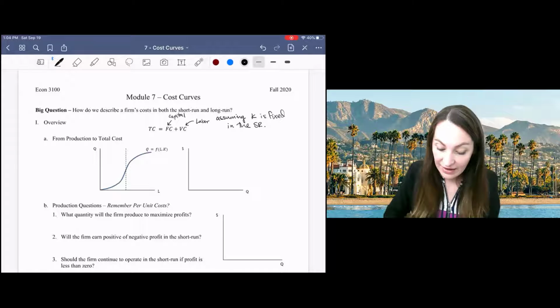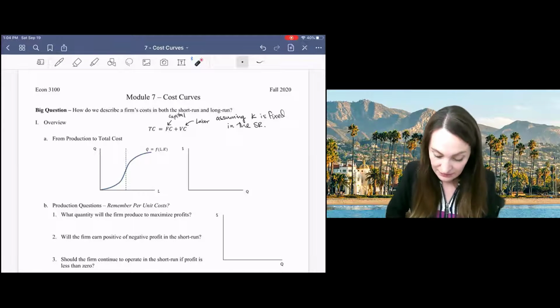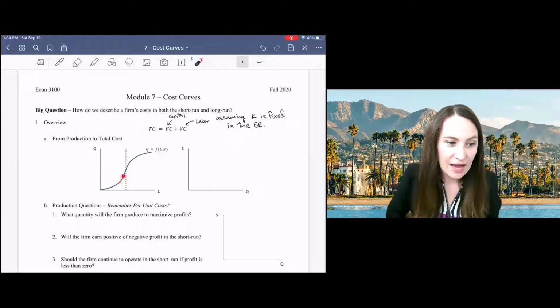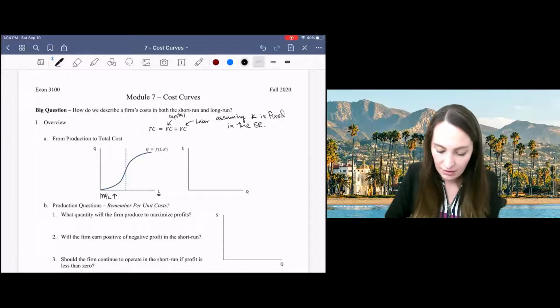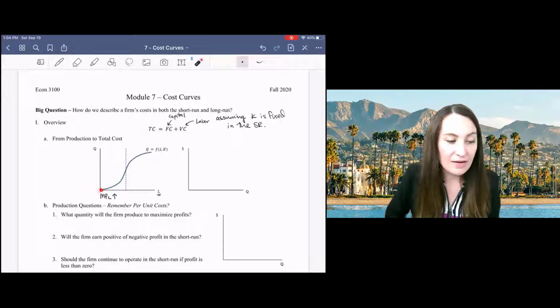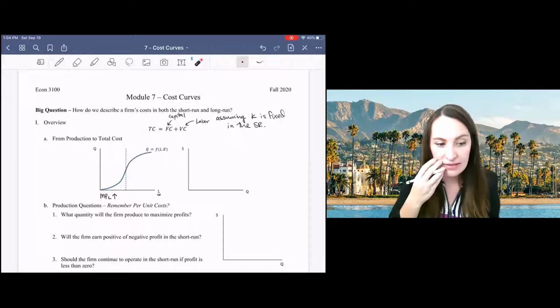So here on the graph, I have a production function, and you can see that at first, my output is increasing at an increasing rate, which tells me that the marginal product of labor here, labor is on the x-axis, the marginal product of labor is increasing on this portion of the cost function, because see, every unit of labor I add is going to add a bit more output, so my marginal product is increasing.